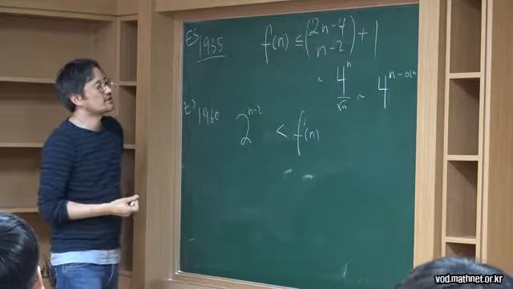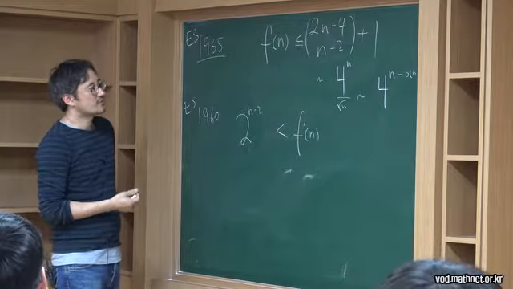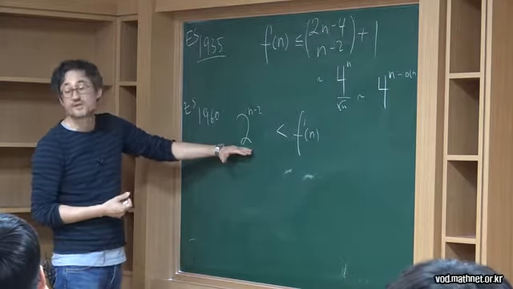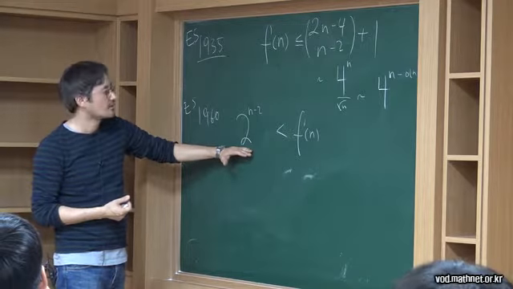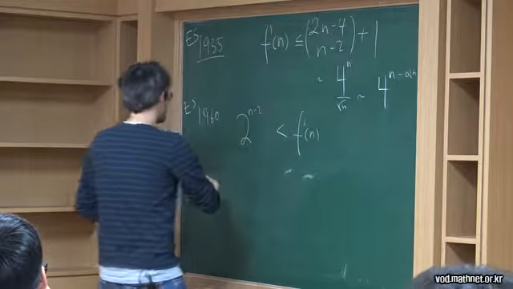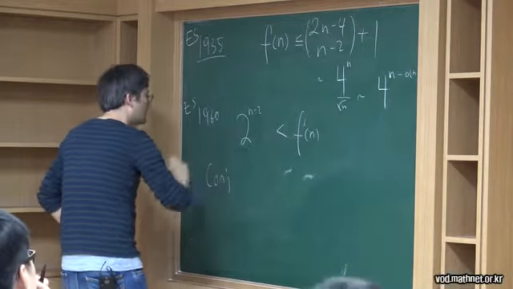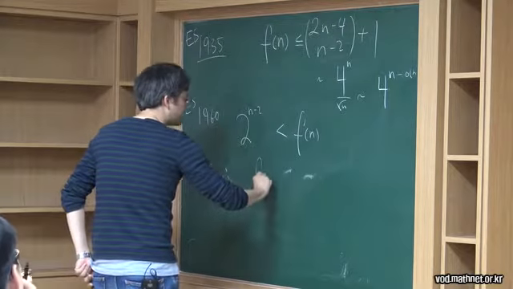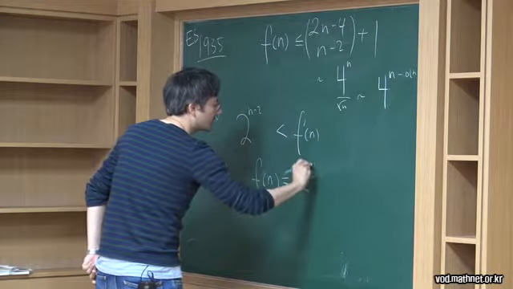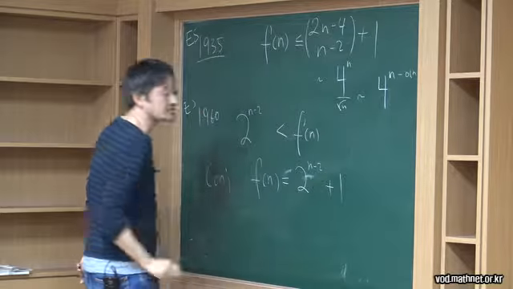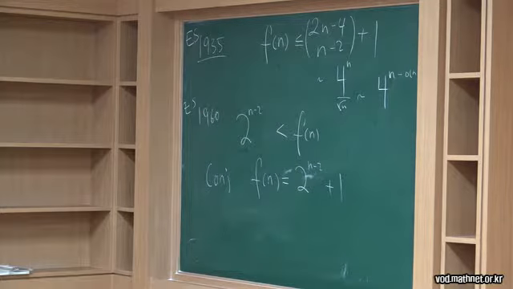But really one of the, I think, oldest problems of combinatorial geometry is to prove that this is the right number. In other words, the conjecture is that f of n equals 2 to the n minus 2 plus 1. Right? If you take this many points, there must be n in convex position.